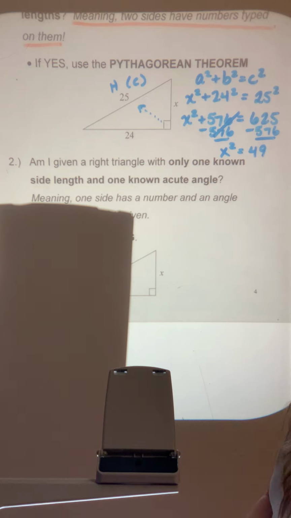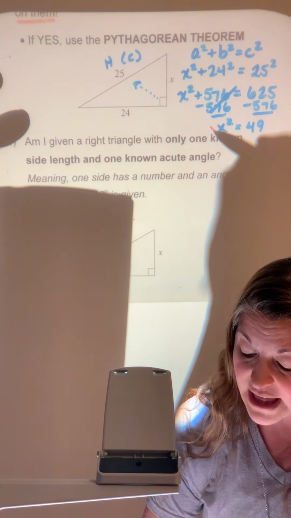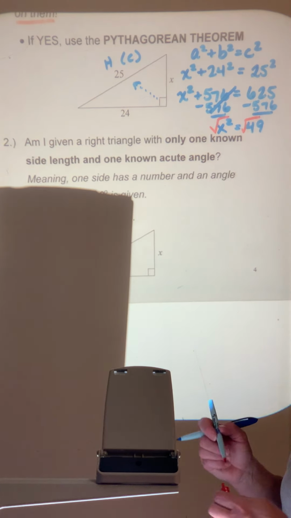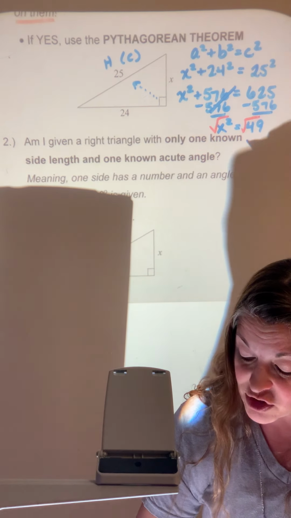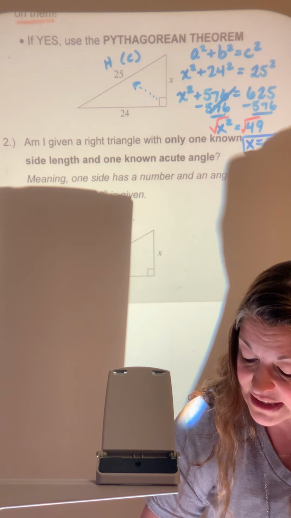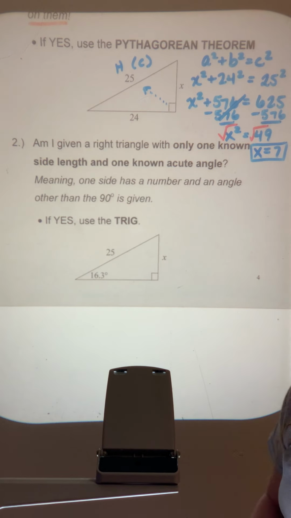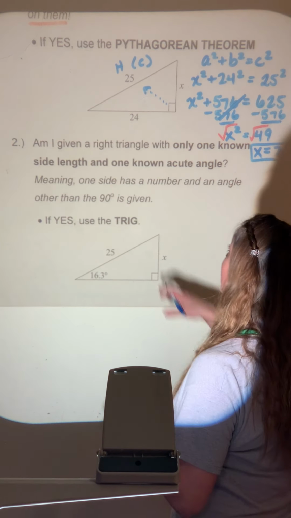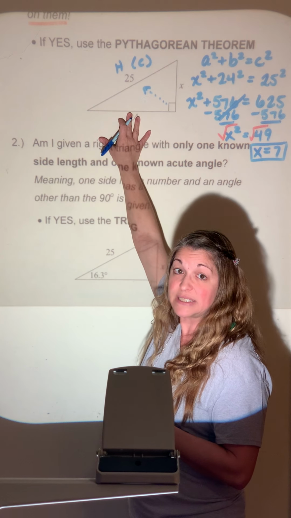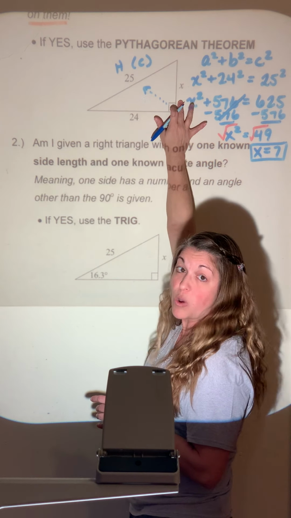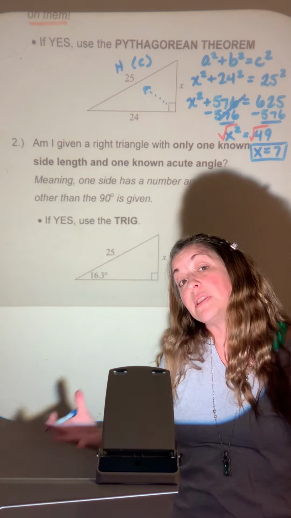And when we use the Pythagorean theorem, remember that your very last step is going to be to square root so that you can get just x. And in this case, our answer is 7. So if you have a triangle like this, you're given 2 numbers on the sides, and then you're missing that one side, then you're using the Pythagorean theorem.